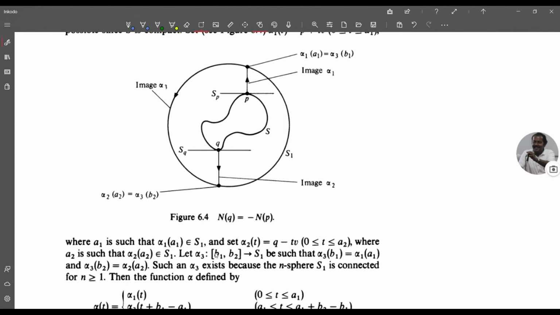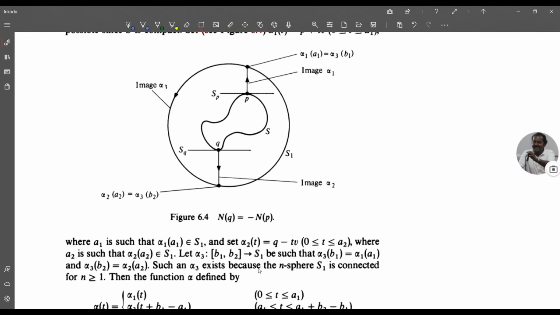And now you set alpha 3 from the closed interval b1, b2 to s1 such that alpha 3 of b1 is this one and alpha 3 of b2 is this point. So you are constructing this path on the sphere S1.